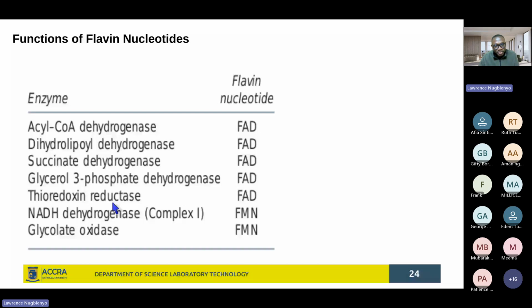The next one is also a dehydrogenase, NADH dehydrogenase. And we have glycolate oxidase. This one too is specified to be involved in oxidation reaction. And then the flavin nucleotides that will be serving as coenzymes to these enzymes, either it's a dinucleotide, FAD, or it's a mononucleotide, FMN.